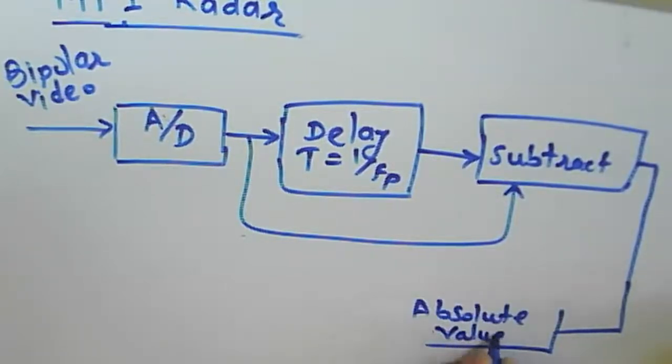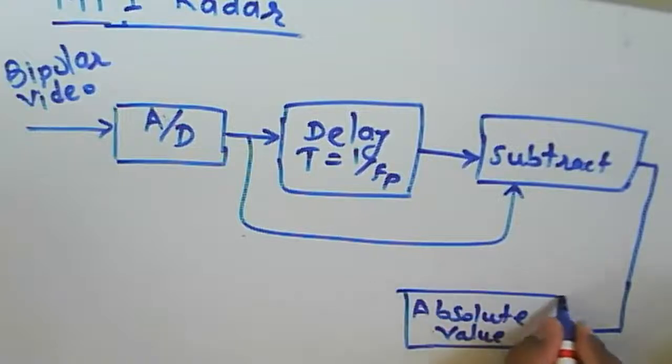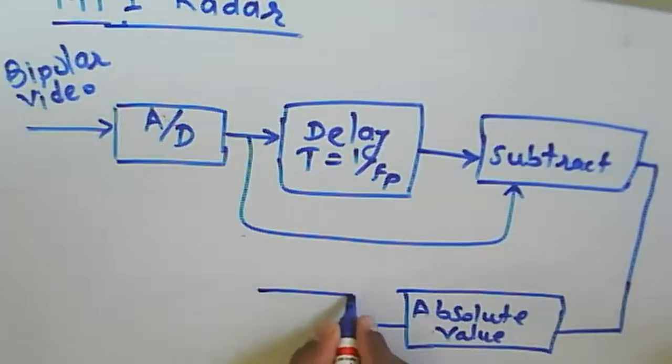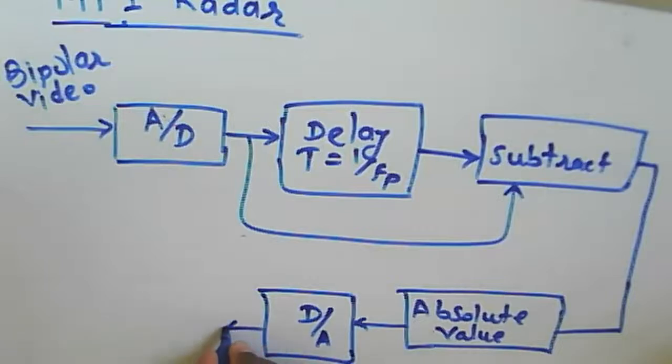of the output here, and then we have a digital to analog converter, and that digital to analog converter is used to display on a device.